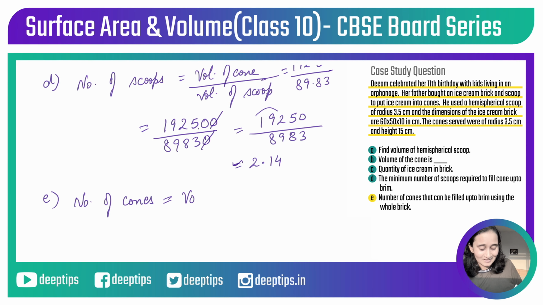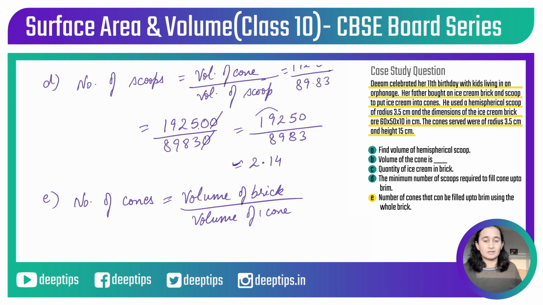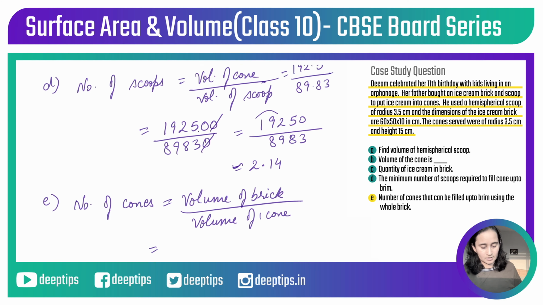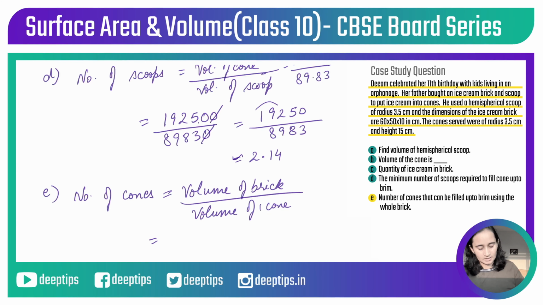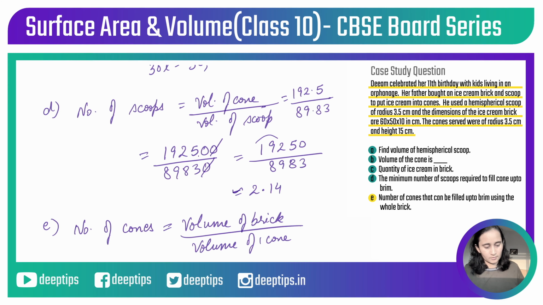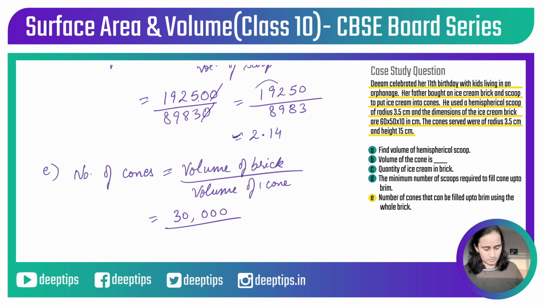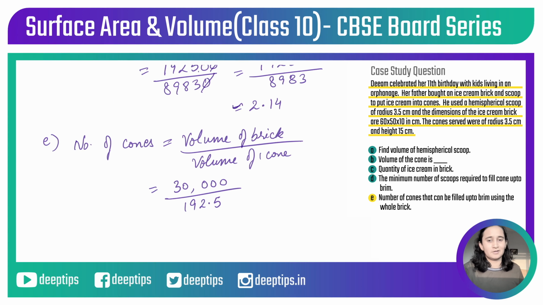Yeah, if we divide volume of the brick with volume of one cone, we will get the number of cones that can be filled, right? So volume of the brick in centimeter cube is 30,000. And just now we wrote this volume of cone, which is 192.5. So again we have division of the large numbers.